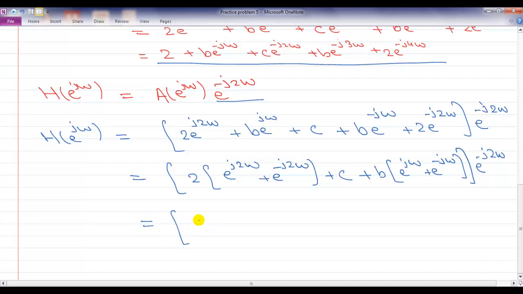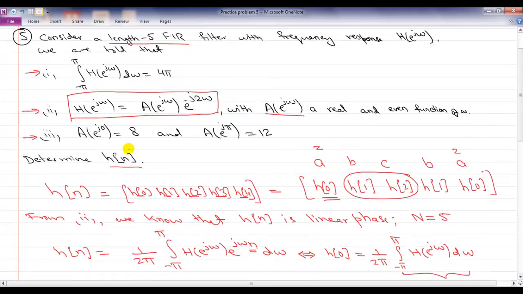And that is simply 2 times 2 cosine of 2 omega plus c plus b times 2 cosine of omega, times e to the minus j 2 omega. Okay. So I have now simplified it as much as I can, and now I go back and I use these two facts.